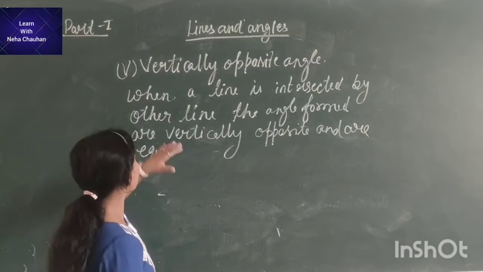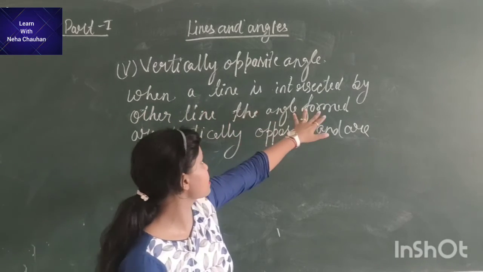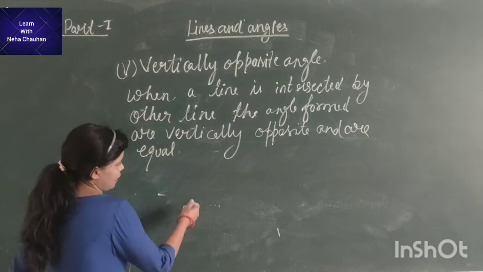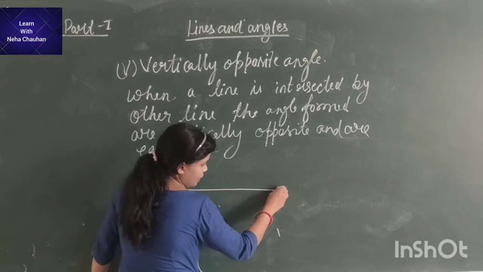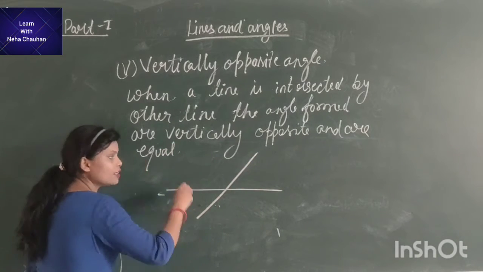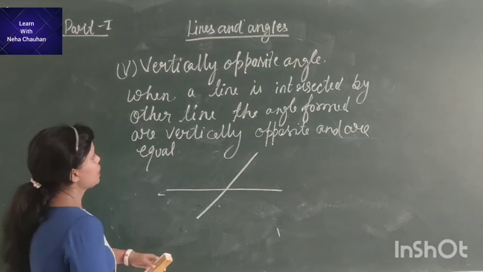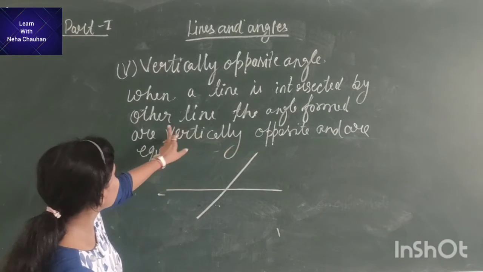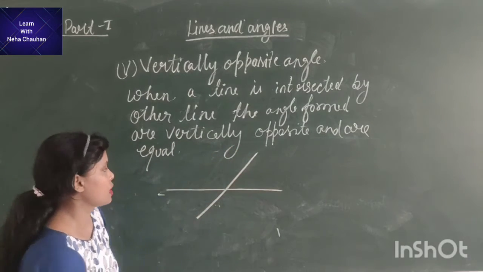What does it say? When a line is intersected by the other line, okay? The angles formed are vertically opposite angles.